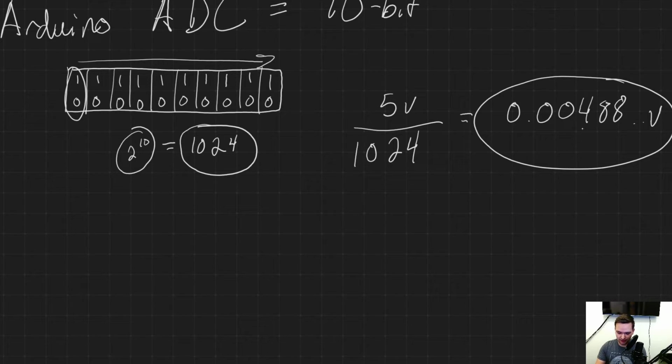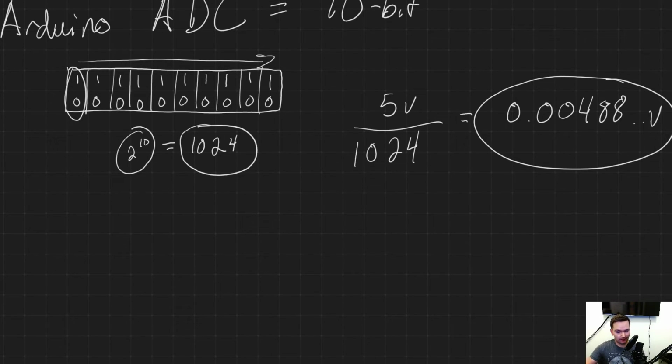If we're measuring in basically 5,000ths of a volt, it's going to be plenty for our purposes. So these can't be infinitely accurate, right? We could change this from a 10-bit analog to digital converter to like a 24-bit analog to digital converter or something like that.